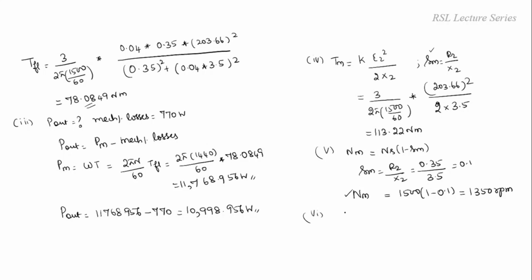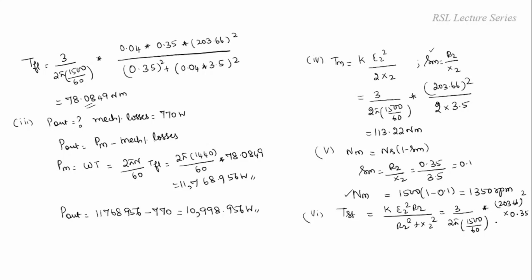Finally we have to find the starting torque. Under starting condition, slip S is equal to 1. So the starting torque will be given by K into E2 square R2 divided by R2 square plus X2 square. K value we know, 3 divided by 2 pi into 1500 by 60, multiplied by E2 square 203.66 whole square into R2, which is 0.35.